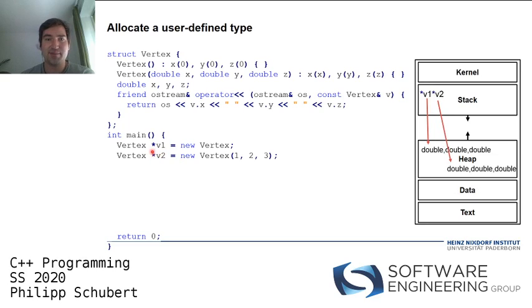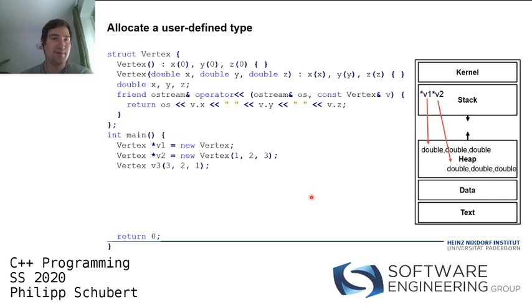Because you defined this v2 variable after this v1 variable, it also comes on the stack one after the other. So you first had one pointer variable v1, and now you have a second pointer variable v2, which comes directly in memory next after v1. And on the heap, maybe you now get these 3 doubles here, and the resulting address of the chunk of memory which you allocated is now stored in v2.